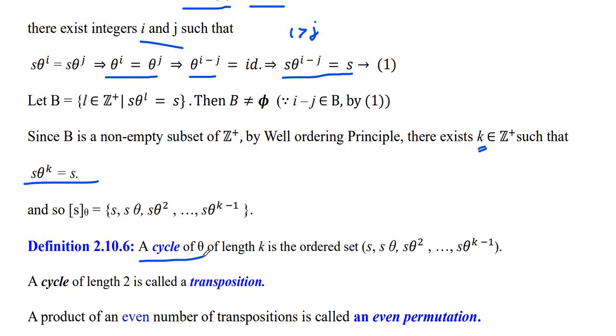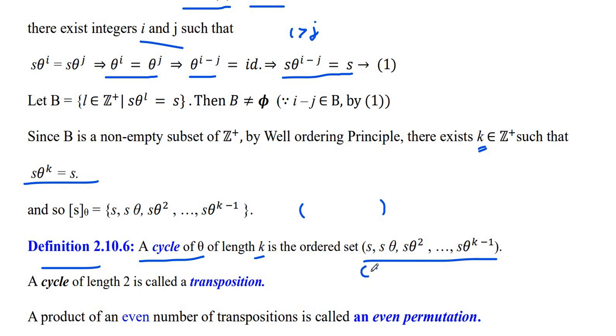Now, by a cycle, next we have this definition. A cycle of theta of length k is nothing but this ordered set. See here, with these flower braces that we have, we'll have to represent that with ordinary parentheses. So that is called a cycle of theta, and a cycle of theta is ordered by this.